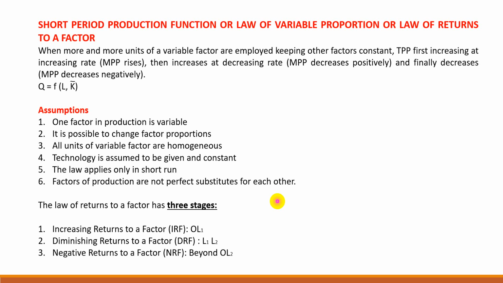Thus, this law analyzes the effects of a change in factor proportion on the amount of output and is therefore called the law of variable proportion. Every time, the ratio of the fixed factor and the variable factor keeps on changing, because one is constant and the other is variable.